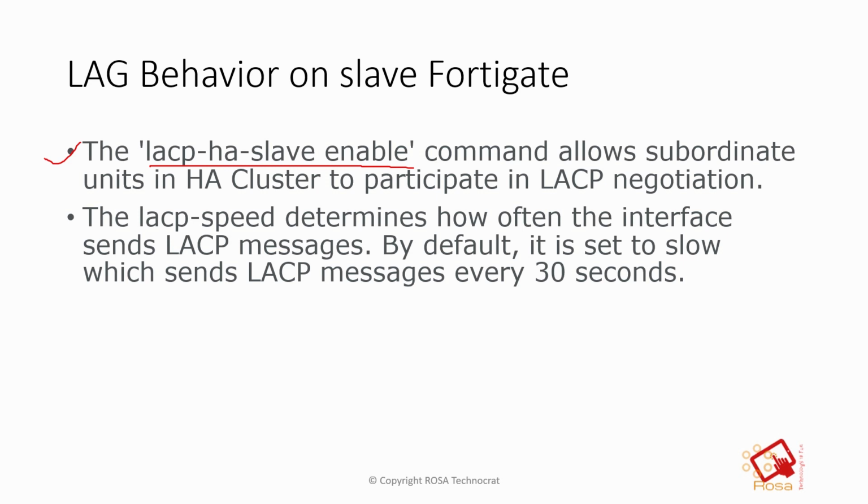Otherwise, during any failover, the negotiation will start taking place, and in case of any issues that might delay your failovers. So I recommend having this LACP HA slave enabled in the configuration so that even the slave firewall can participate in the LACP negotiations.